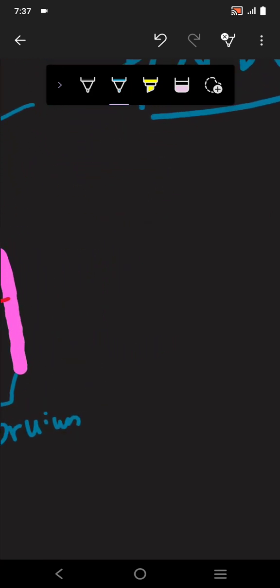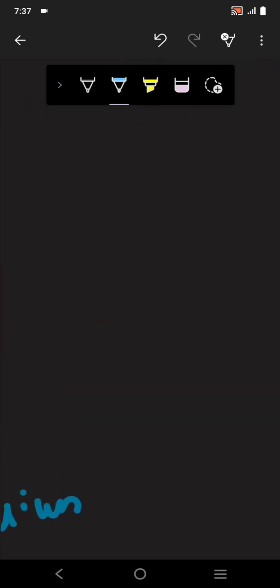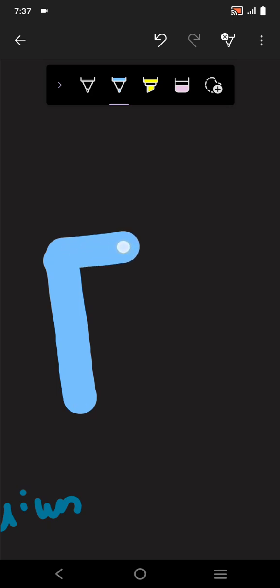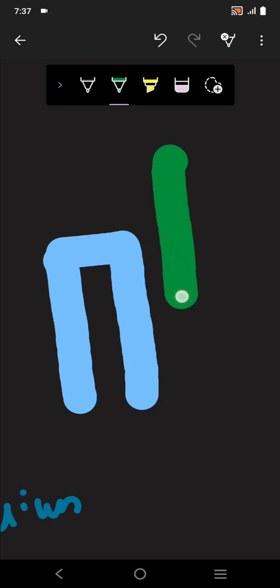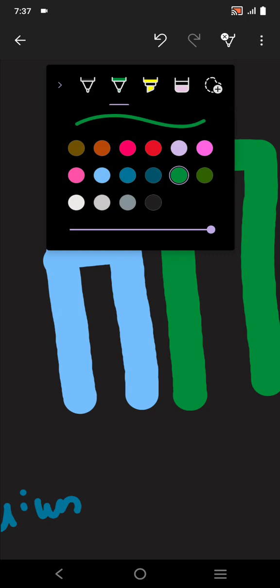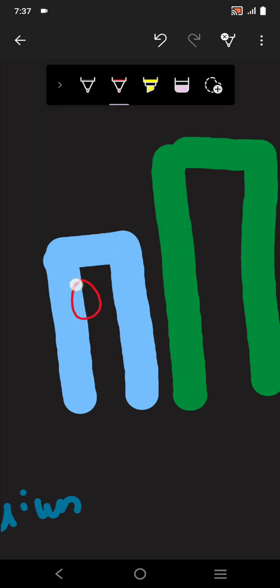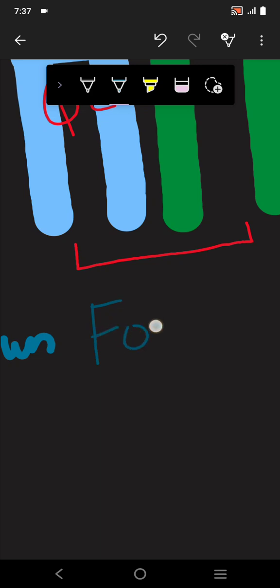Now in this situation, if Qc is smaller than Kc, the direction of the reaction will be, as we have discussed, the forward reaction.